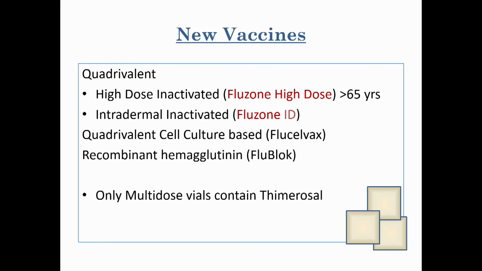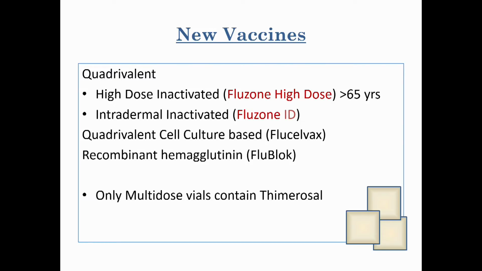There's some newer vaccines. There's the high-dose inactivated, which is given to people over 65. There's more flu in it, so they get a better immune response. There's the intradermal one that is kind of like a little gun for people who are deathly afraid of needles.